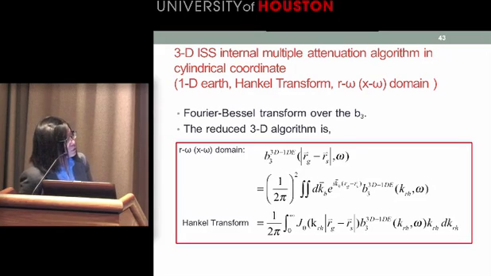So when we use the transform, we need to pay attention to that. This transform is a Fourier Bessel transform over B3, which means the reduced 3D algorithm in the spatial frequency domain is the Hankel transform, or we say Fourier Bessel transform, over the B3 term. And in this case, B3 is independent of angle, and the angle integral will give you a J0, which is a Bessel function here. And really, this kind of transform is called the Hankel transform.